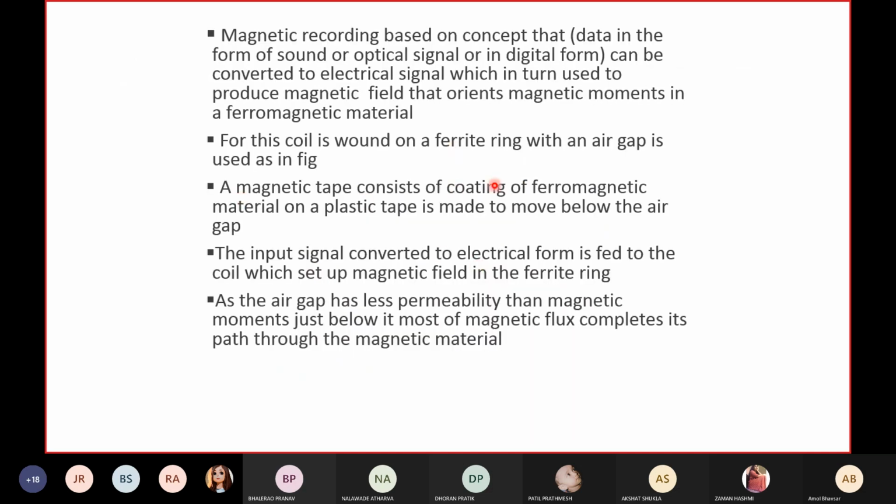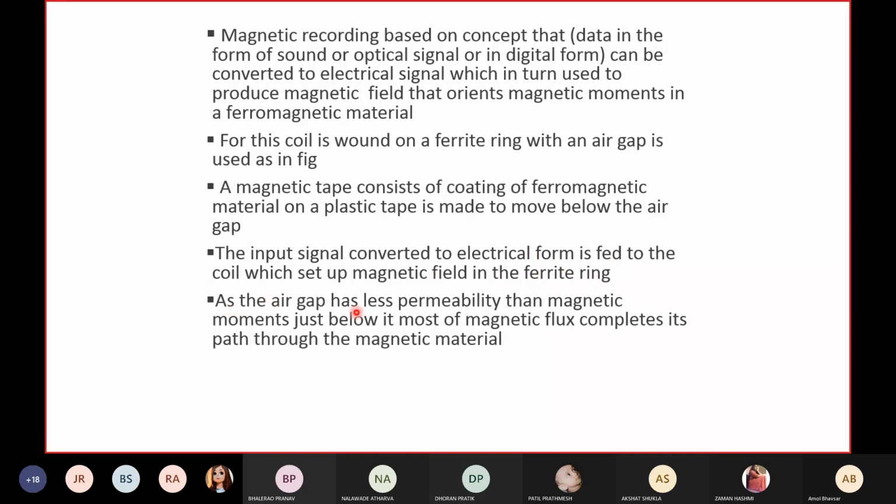A magnetic tape, consisting of a coating of ferromagnetic material on a plastic tape, is made to move over the air gap. The input signal, converted to electrical form, is fed to the coil. This sets up a magnetic field in the ferrite ring. As I told you, an electric field is generated, and due to it a magnetic field is set up in the ferrite ring.